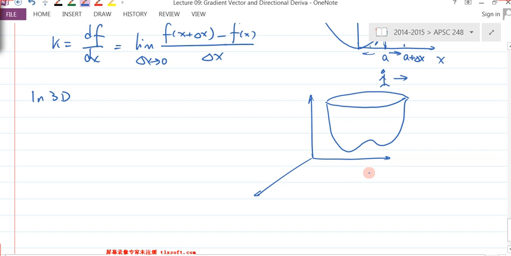So here's a surface, and here is one particular point in the xy plane. This surface, let's say, is z equal to f of x y, for example. If this is the point here, maybe x naught and y naught, then at this point there is a corresponding location on the surface.